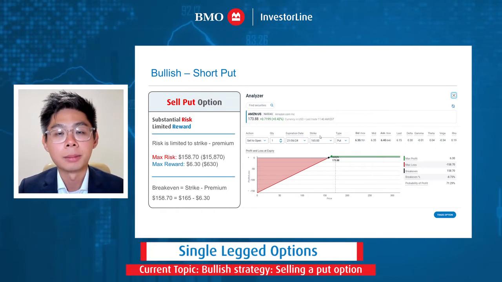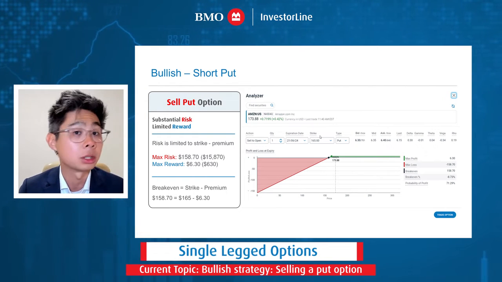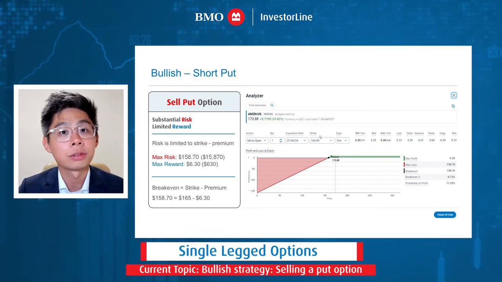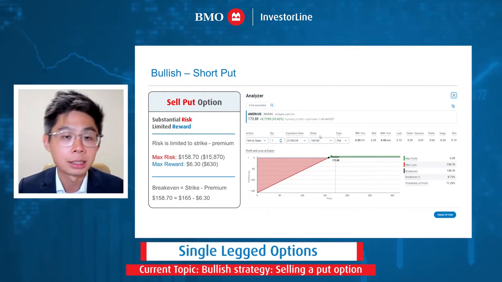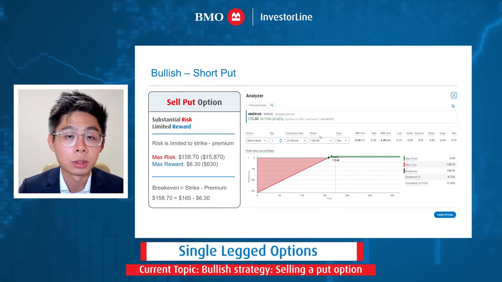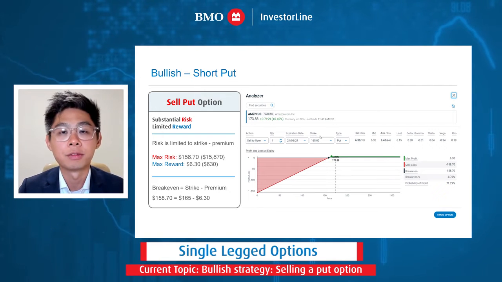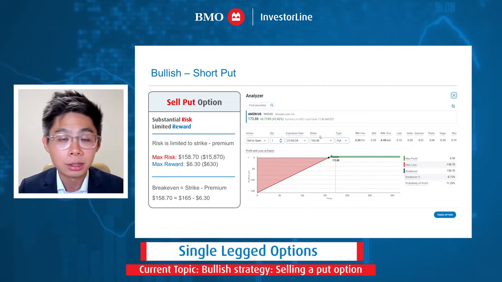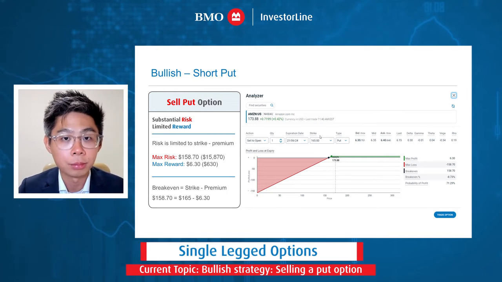Vice versa, the amount of risk that you're taking and the obligation that you're taking on when you sell a put option is, at least on the surface, quite substantial, because in this particular case, I'm collecting $6.30 by selling the 165 put. That means my break-even price here is $158.70. As long as the stock stays above 158.70, I will be profitable.